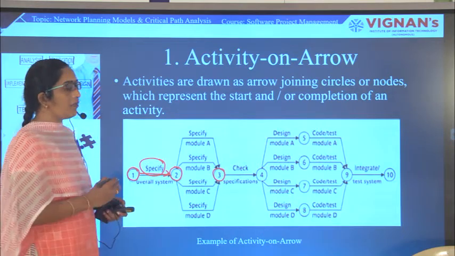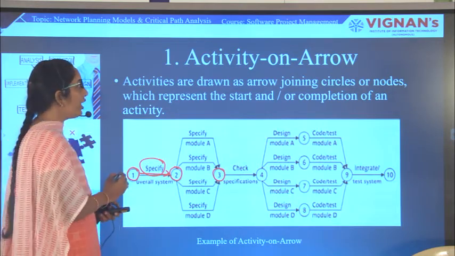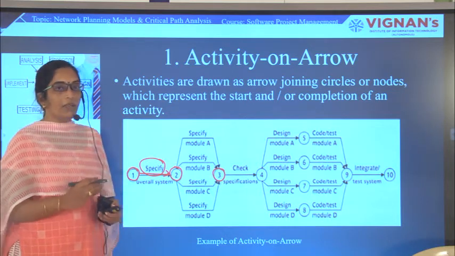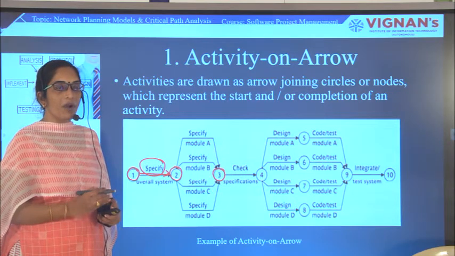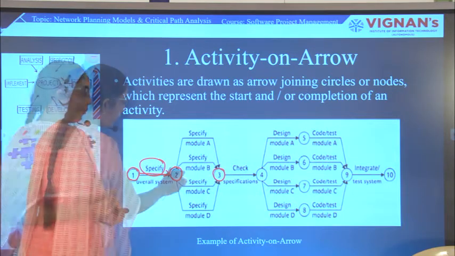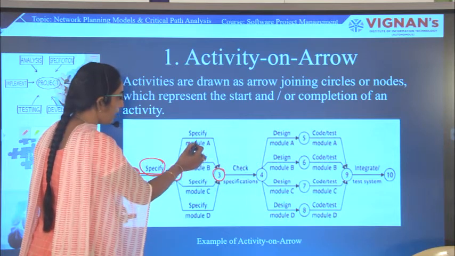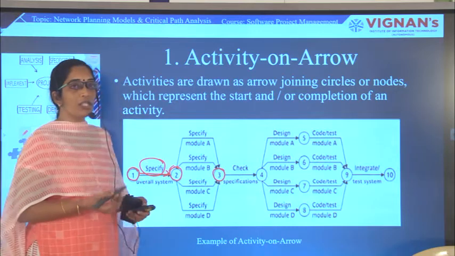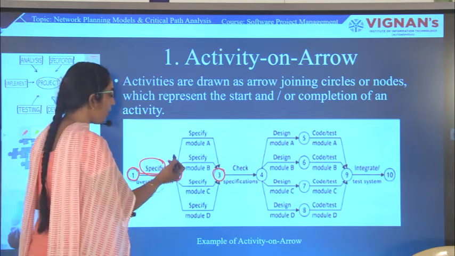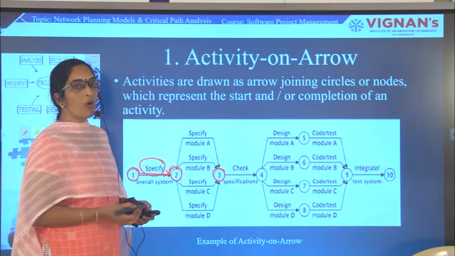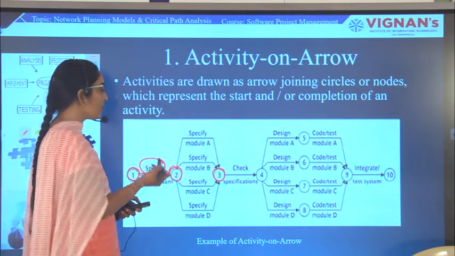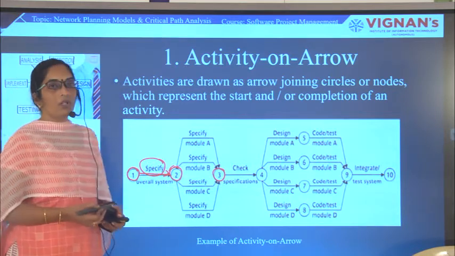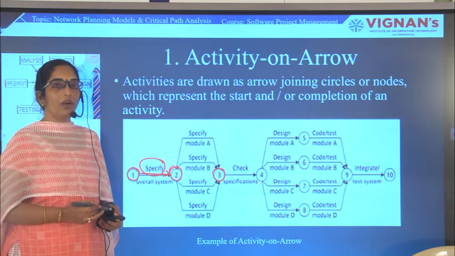Let us once again recall: in this model, the activity that a node has to perform is specified on the arrow. Between nodes 2 and 3 there are 4 modules, and what action these modules have to perform is specified on this arrow. So in activity on arrow, the activities are always specified on the arrow.